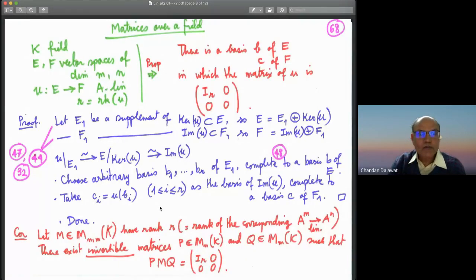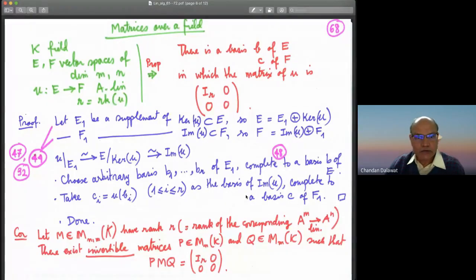You can check now that the matrix of the linear mapping U in these bases B and C, which I've constructed here, is this matrix. So that was easy. It used many properties of vector spaces, but it's not a very deep result.